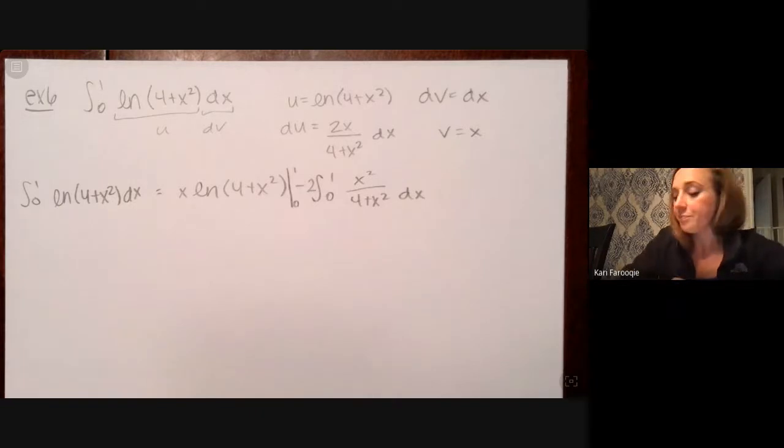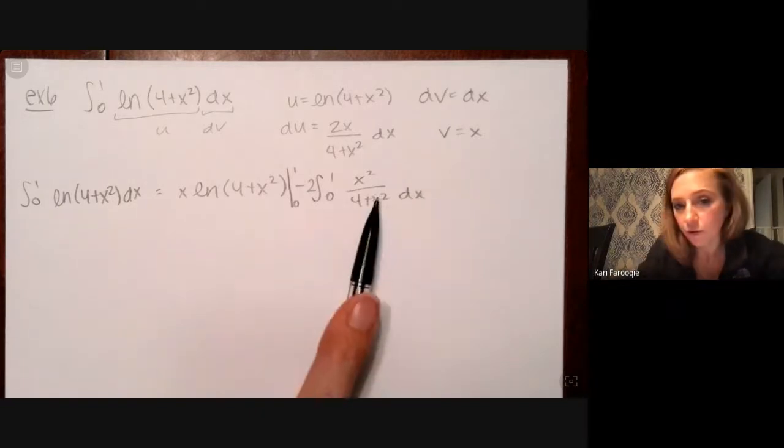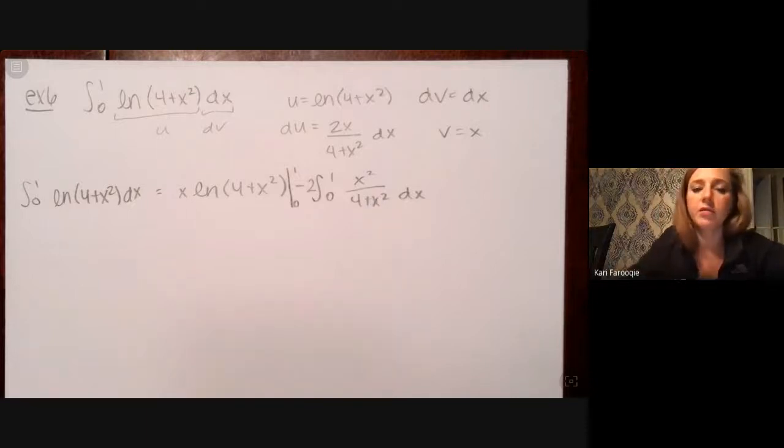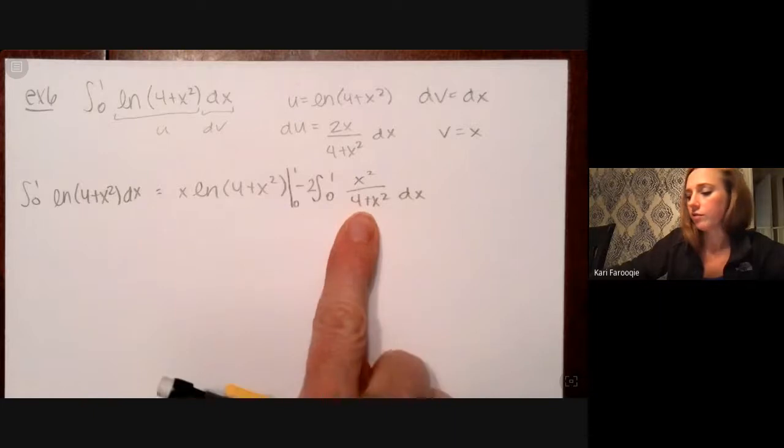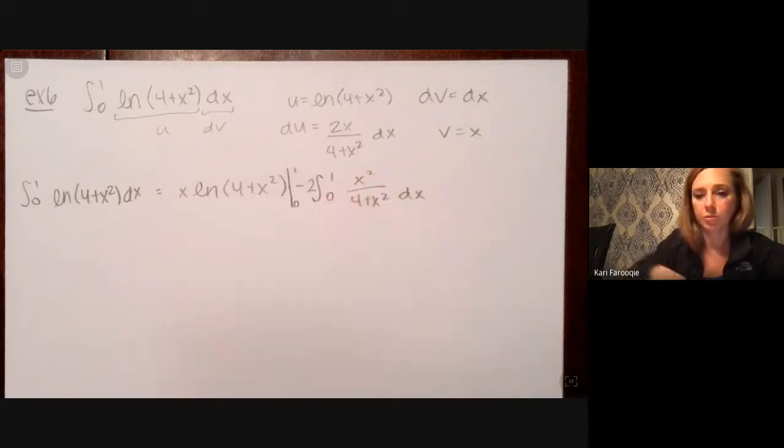Okay, now you're going to have to focus on how to solve this integral. And if you're thinking, oh, it looks like a u substitution, if you let u be the denominator, then du is 2x. Well, you've got more than that up here. So it's a situation where you have too much.